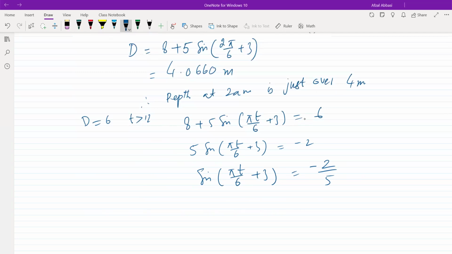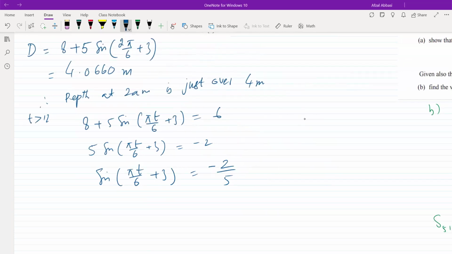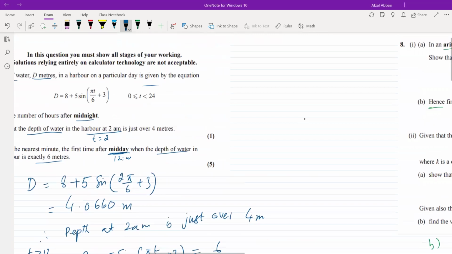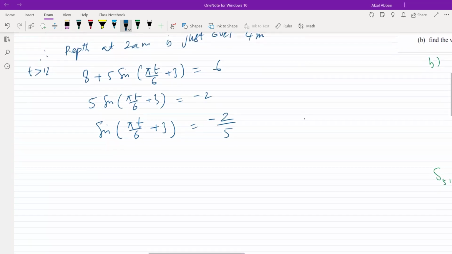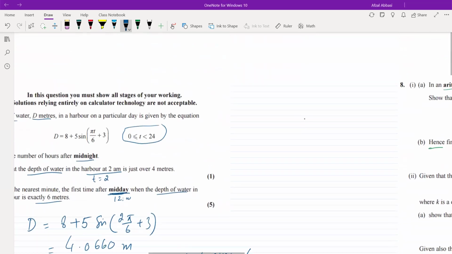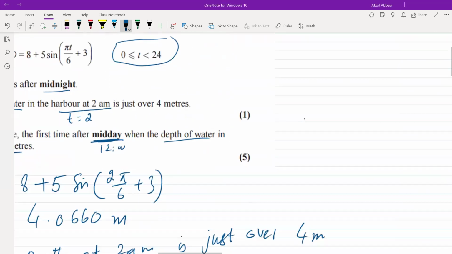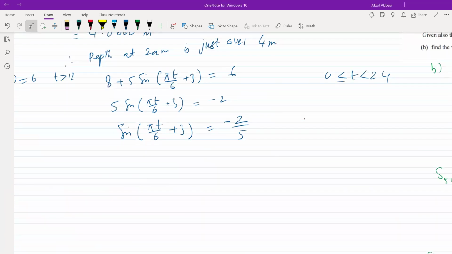Now we have to solve this equation, and we learned that when we want to solve this for t, we should know the range for t. We are told that t can be only between 0 and 24. It cannot be 24; it should be less than 24. Now, we need to transform this t into pi t over 6 plus 3.